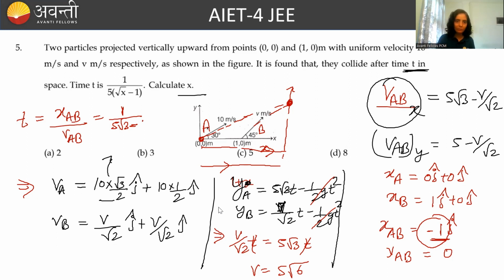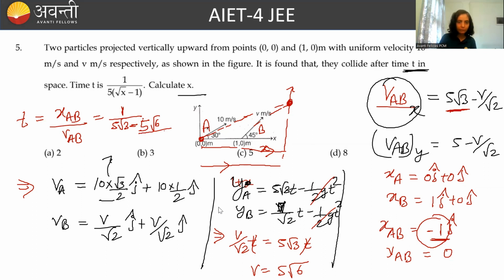VAB, X direction में minus करना है ना? Velocity of A in X direction is how much? 5 root 3. VAB in the X direction is how much? 5 root 3 minus V by root 2. So V value is how much? 5 root 6. So 5 root 6 by what we are going to put?